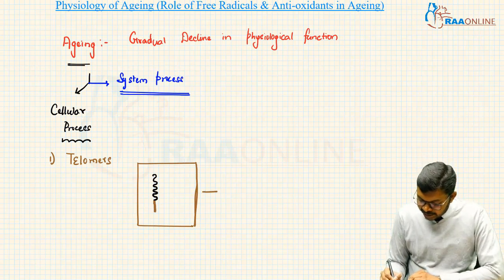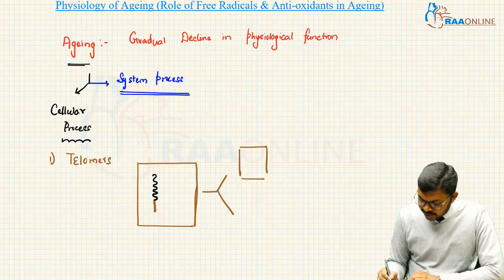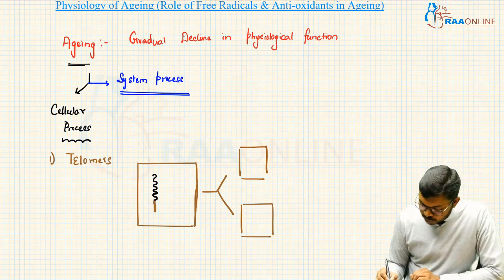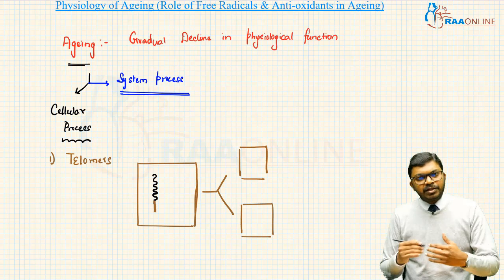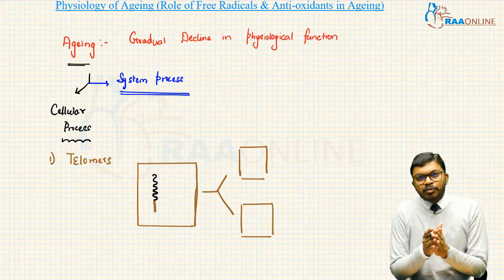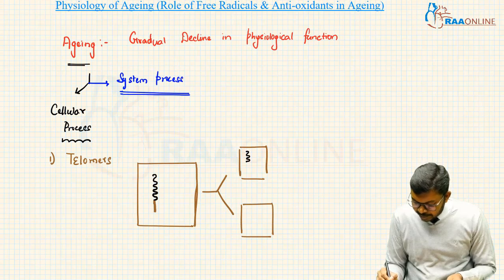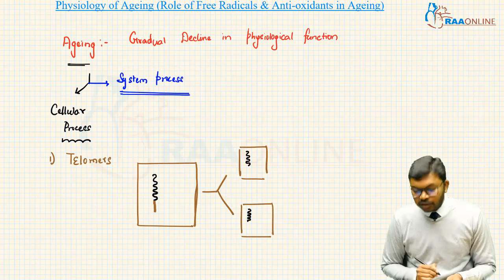When this parent cell divides into two daughter cells, when this cell goes for cellular division, there is obviously going to be chromosomal separation, and the parent chromosomes turn into daughter chromosomes, and they again go for replication, all those processes. So consider these chromosomes as daughter chromosomes.